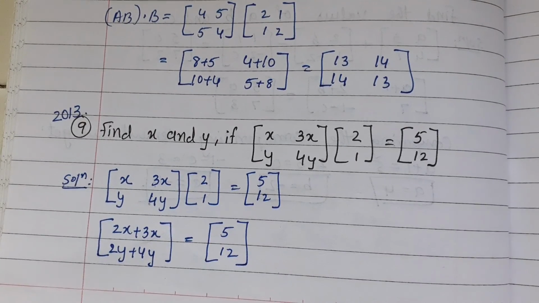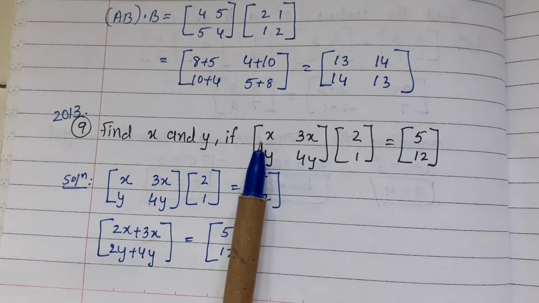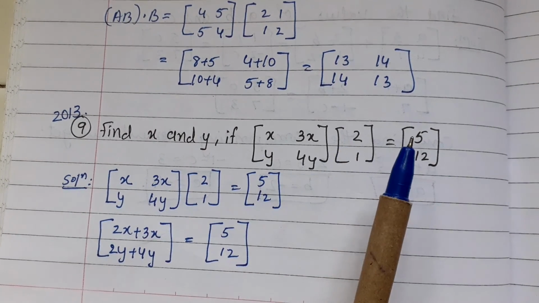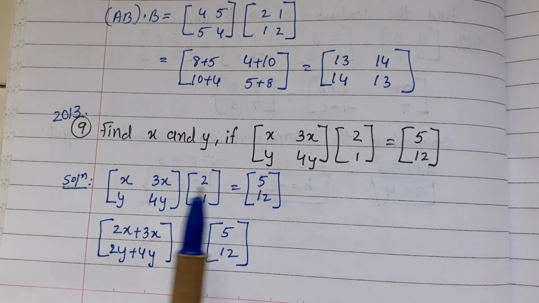Sum number 9. Find x and y if [x 3x; y 4y] into [2; 1] equal to [5; 12].